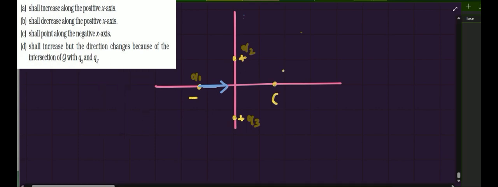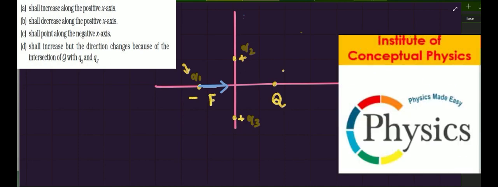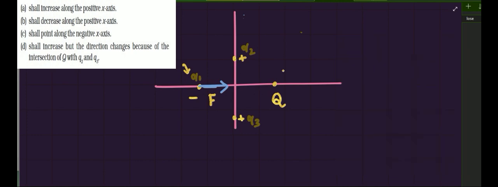This is the positive charge which has got introduced. Q1 is experiencing force in the positive x-axis. So if you introduce a positive charge, what will happen? Due to this positive charge Q, the attraction on Q1 will increase.